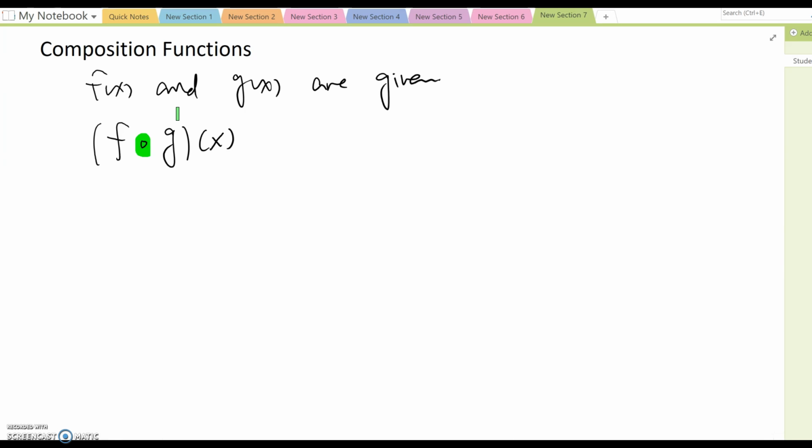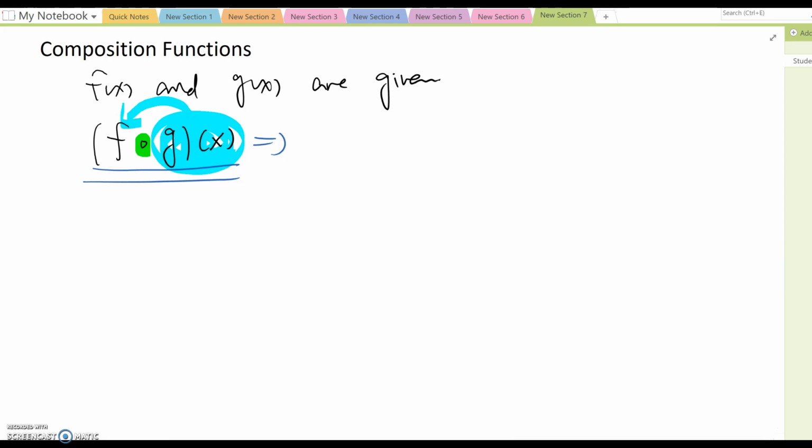"Of" means multiplication, so you need to read either some other name or, just like me, "f open dot g(x)". This means you are plugging g(x) into f(x). That's what this means.